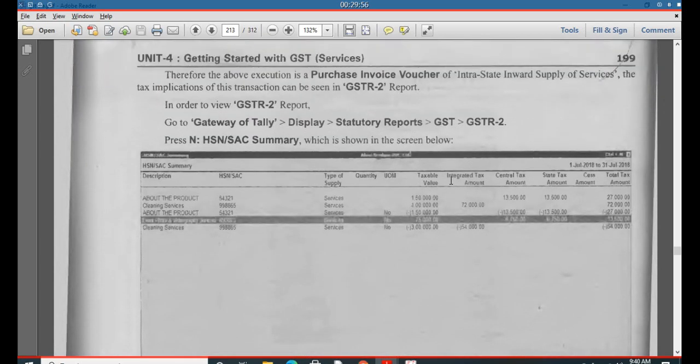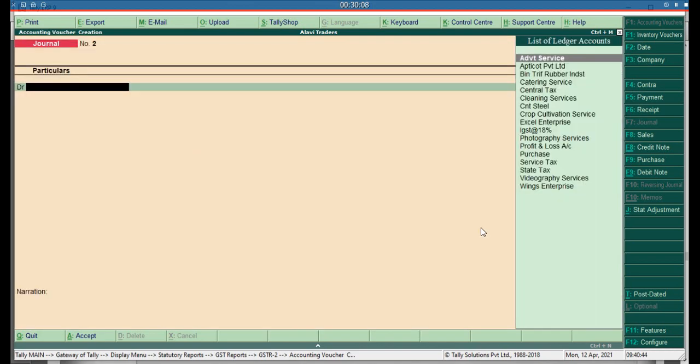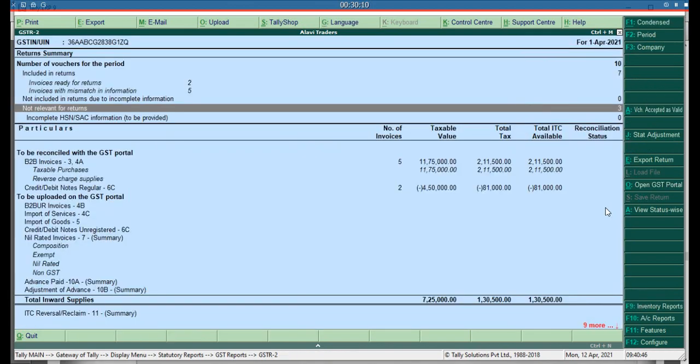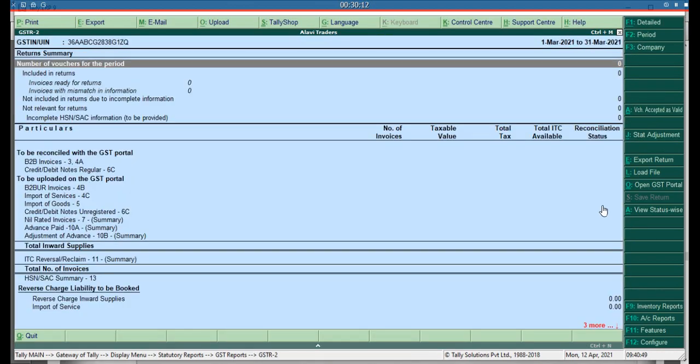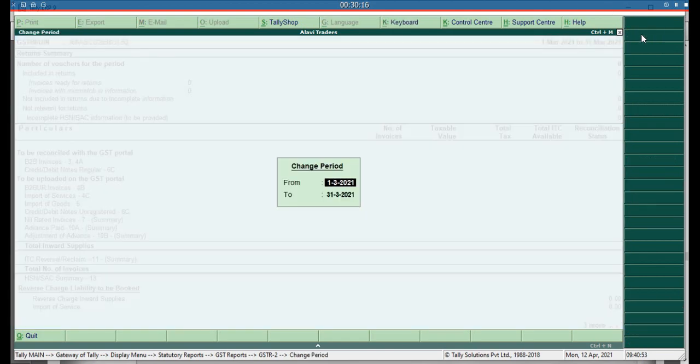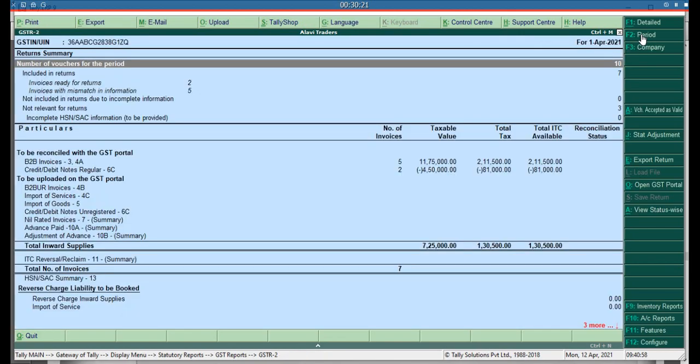Purchase invoice voucher, the tax implication, we will see that. 1/4/2021.